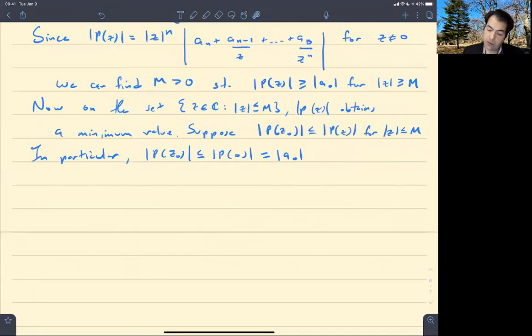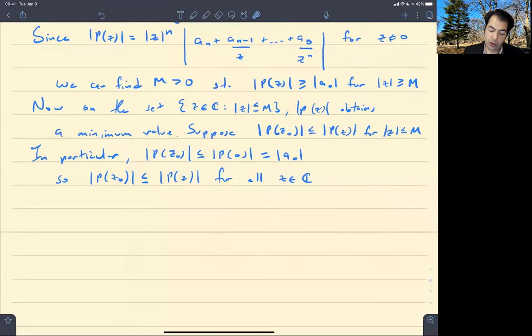And since we've arranged for the modulus of p of z to be greater than or equal to this for all z large, and we know that on this disk the smallest you get is something smaller than a naught, we see that the modulus of p of z naught is actually less than or equal to the modulus of p of z for all z in the complex plane.